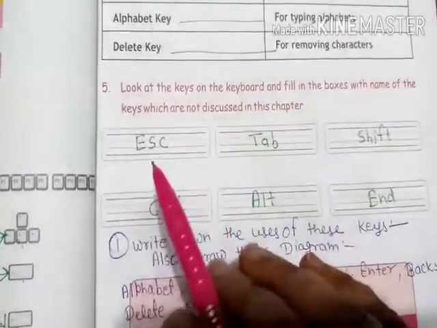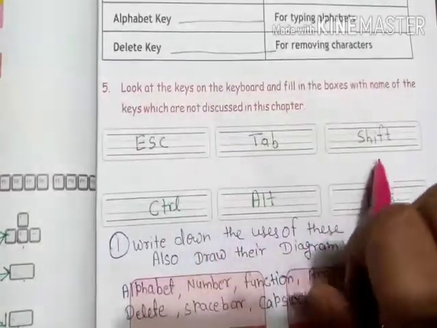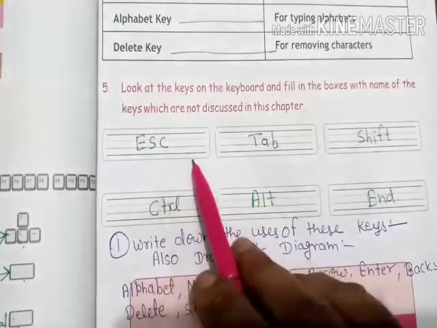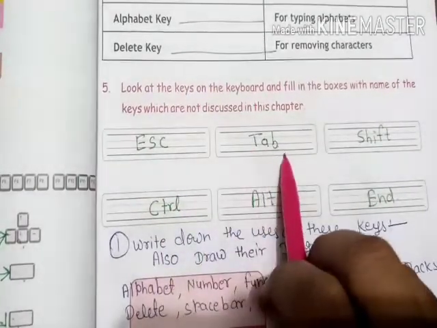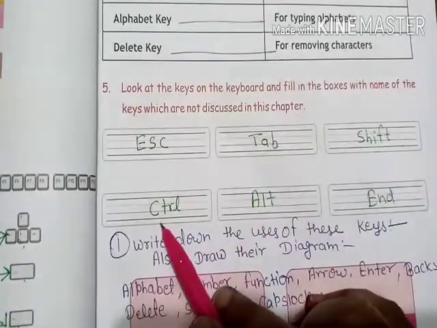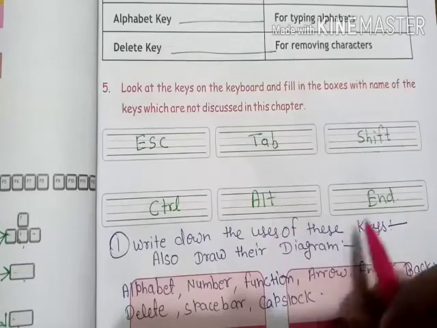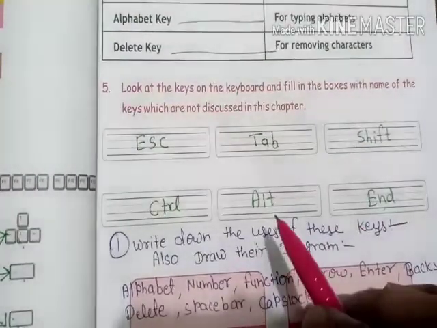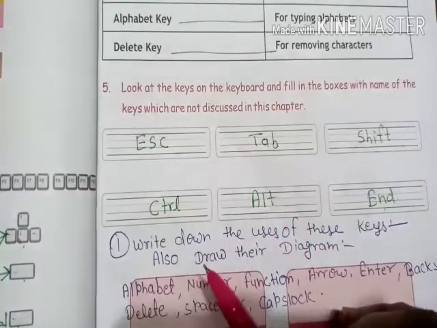That key name you have to find out and write it. I have written here escape, ESC, tab, TAB, shift key, SHIFT, control key, alt key, and the end key. These are the different keys which we have not discussed in this chapter.